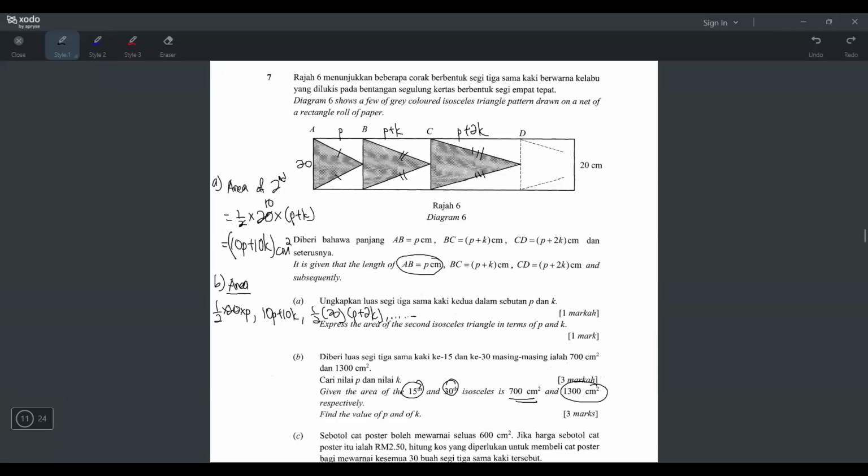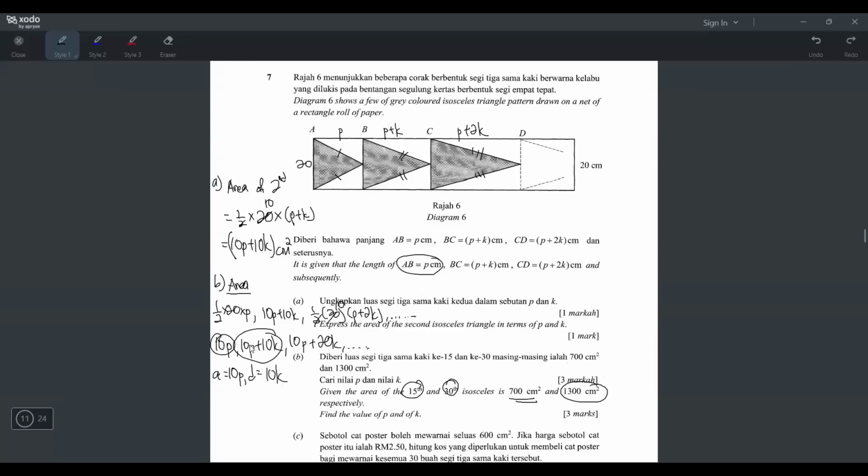So this one is 20 divided by 2, which is 10P. And then the next one is 10P plus 10K. And then the next one, this can cancel, leaving 10. So when you expand, you get 10P plus 10 times 2K, which is 20K. Now you have 3 terms, and you can see whether it's arithmetic or geometric. It's very obvious it's an arithmetic progression. The first term A is 10P, and the common difference is 10K, because you take this term minus this term.